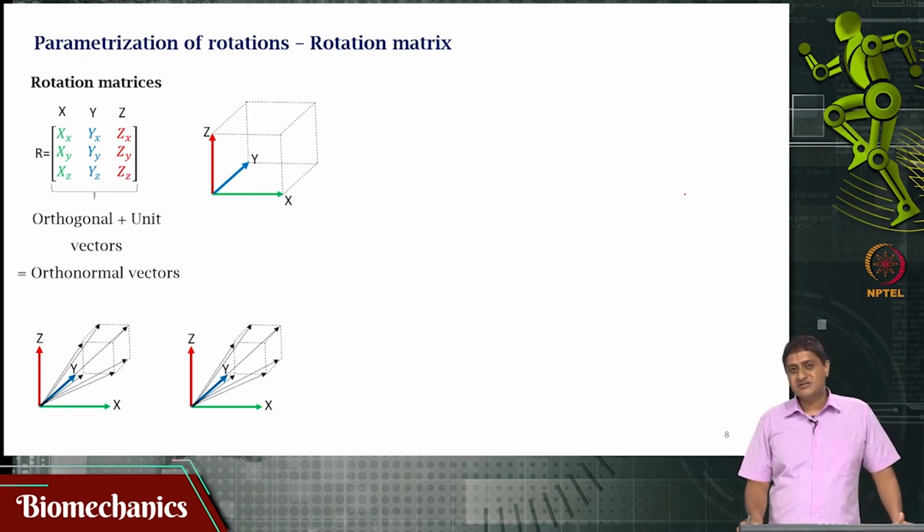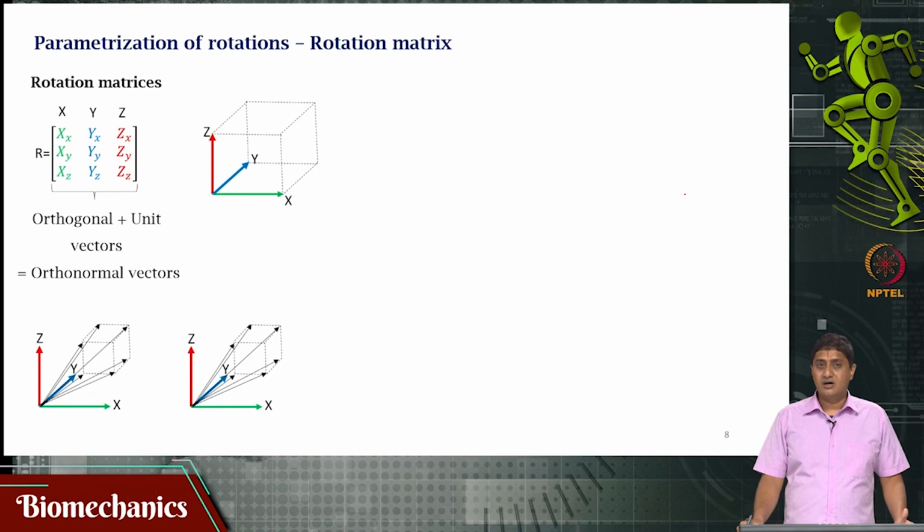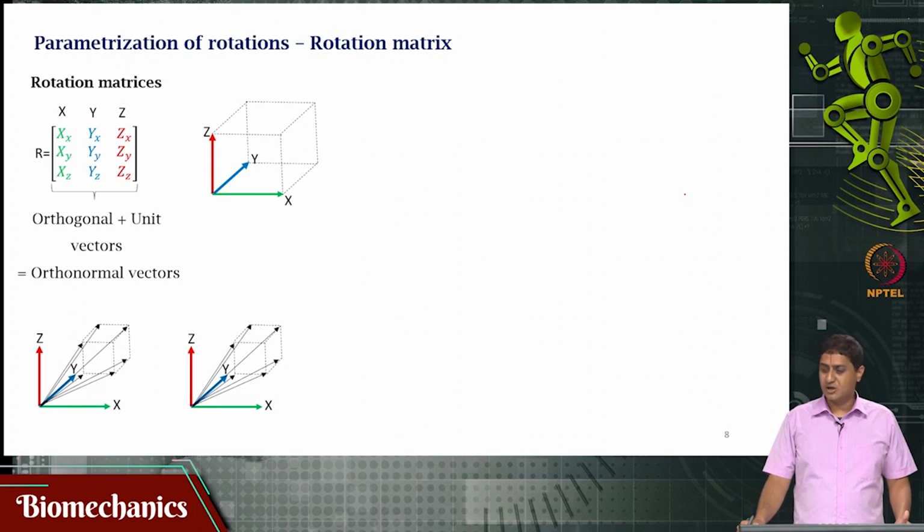A rotation matrix is a matrix that is composed of 3 vectors that are orthogonal to each other, and each of these 3 vectors is having unit magnitude, or they are unit vectors. So essentially these are going to form a basis of an orthonormal system. Okay, these are orthonormal.